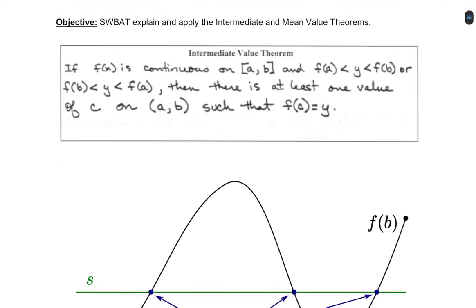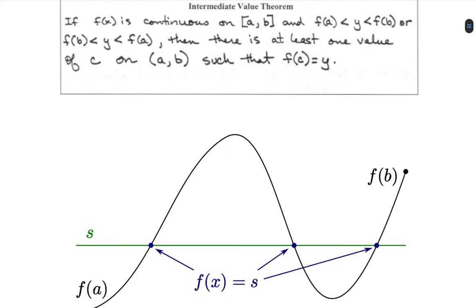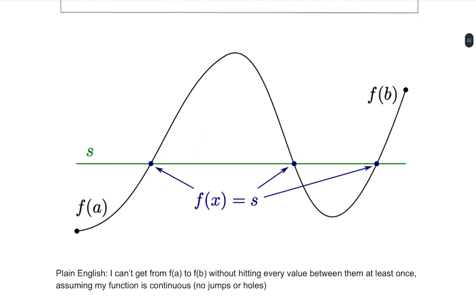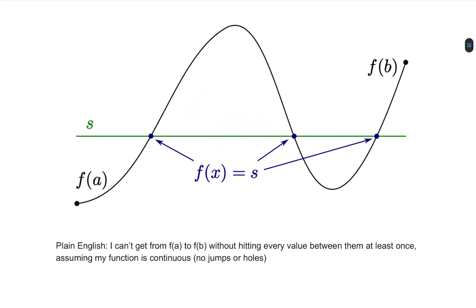So that sounds pretty complicated until you look at how simple an idea it is. Literally, this is just saying if I start at point A and I finish at point B, as long as my function is continuous, so it doesn't have any jumps or holes in it, you can't get from f of A to f of B without crossing through the line on the screen, or any imaginary line S that we are calling the output of the function.